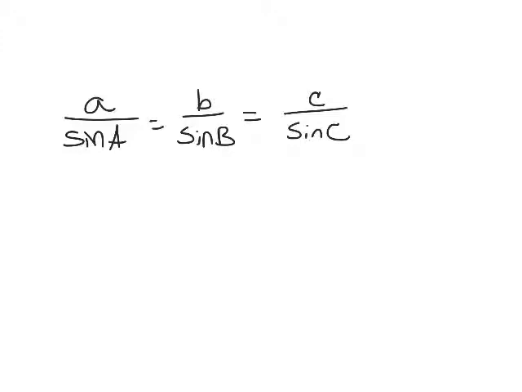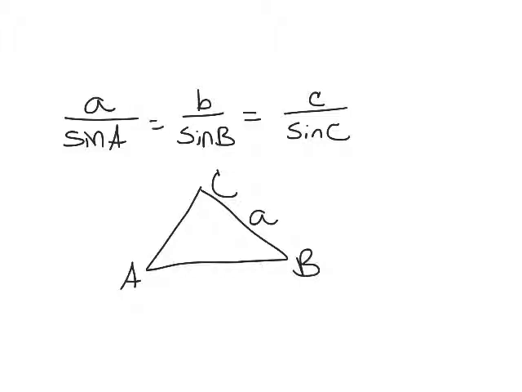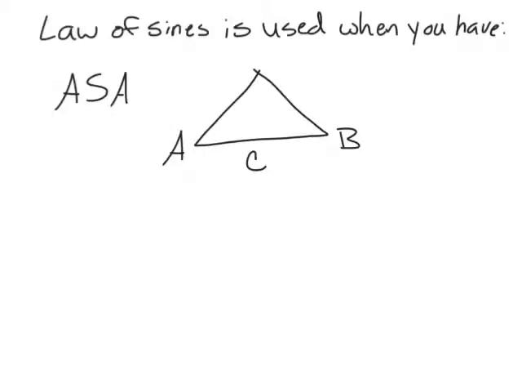Just to have a diagram to go along with this law, again, as a reminder, it doesn't matter how I label these things, but this rule is dependent upon labeling the side opposite the angle. So that's the setup. We can use the law of sines when we have two angles and the included side in between.